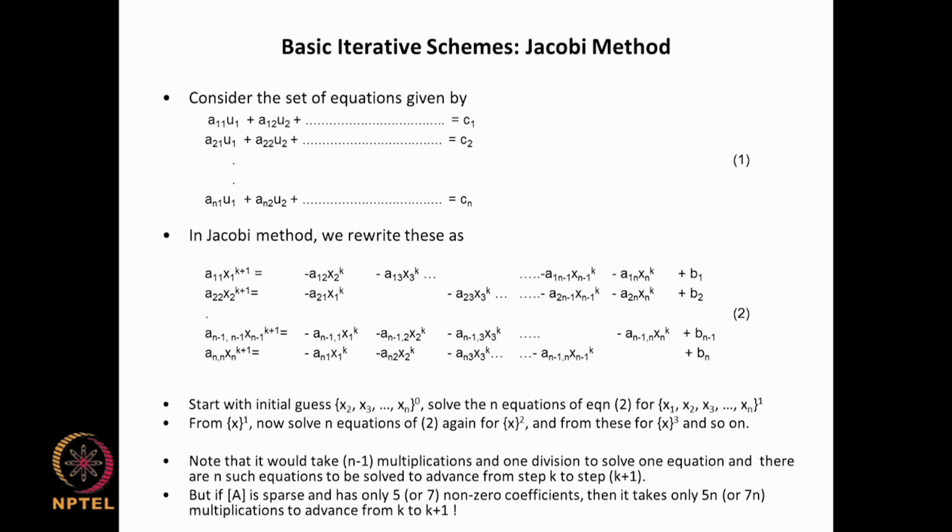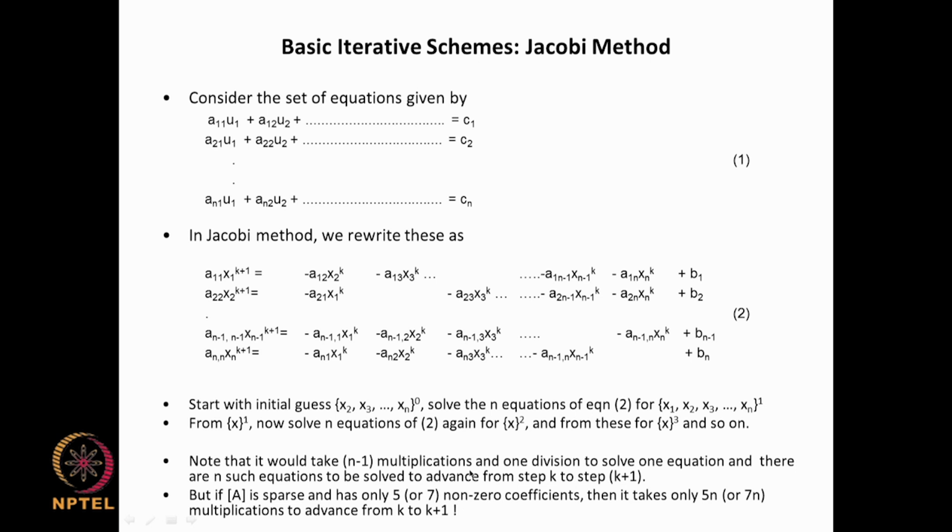So that is a kind of advantage that we get when you are dealing with sparse matrix, and a sparse matrix advantage is exploited by the Jacobi method. So in that sense it makes it much better than in the general case.